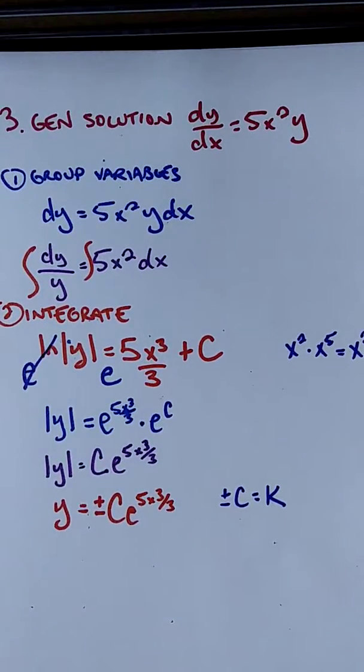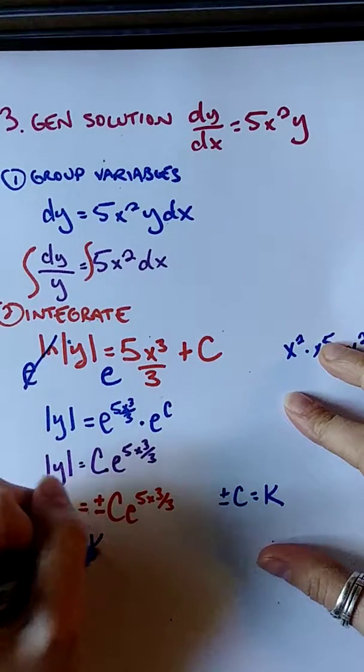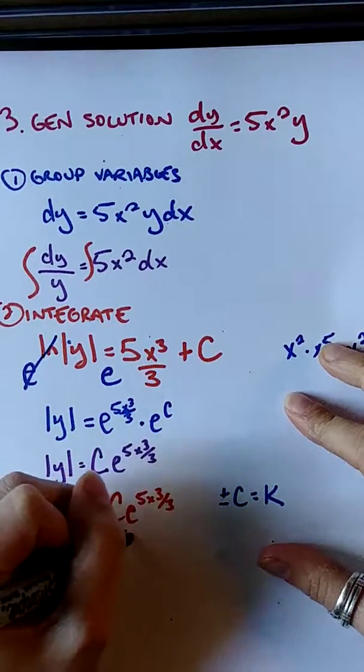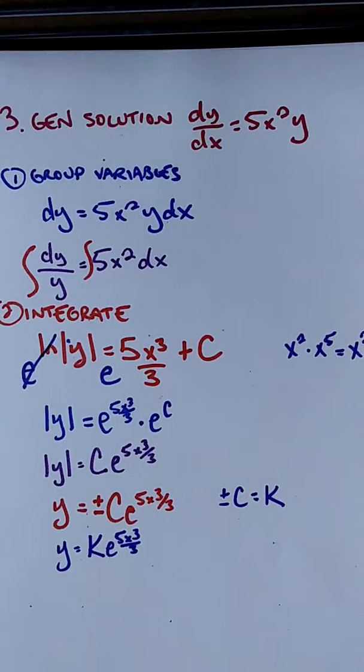We're going to call this capital K, and the K stands for constant, just like the c stood for constant. So it's still just some number I don't know, but it stands for positive or negative c. So my final step in finding the solution is y equals K times e to the 5x cubed over 3. And that's it for the general solution for this problem.